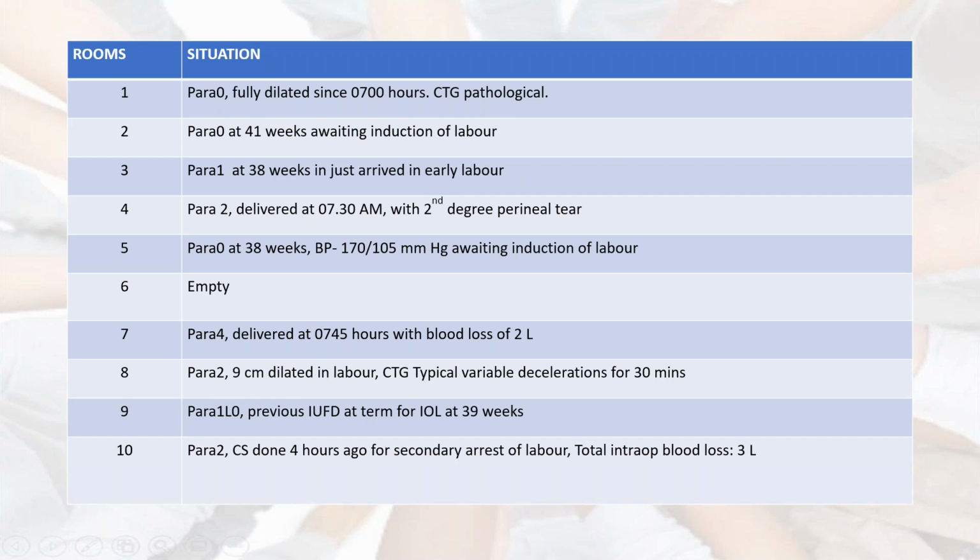If there is any underlying risk factor, even with variable decelerations for 30 minutes you may not be very comfortable, like if she's bleeding or if there's meconium. You want to know if there is an underlying risk factor. If there is none, you will continue monitoring with the CTG.